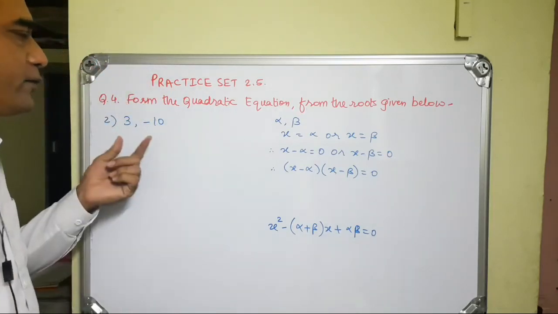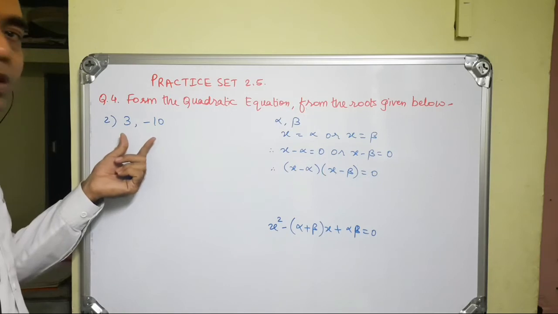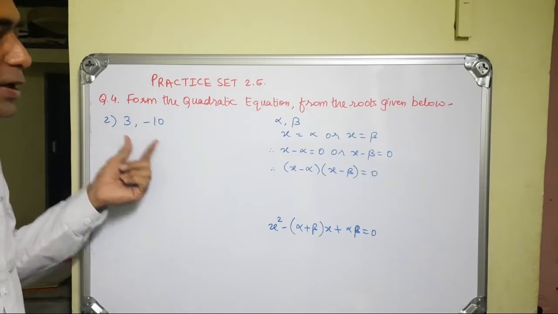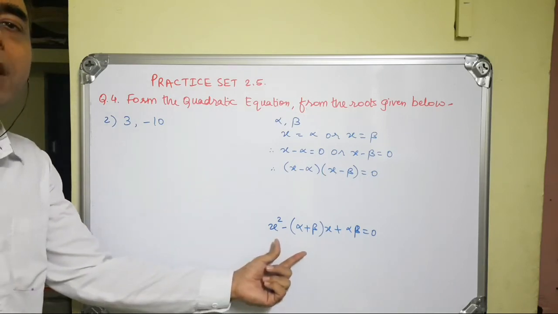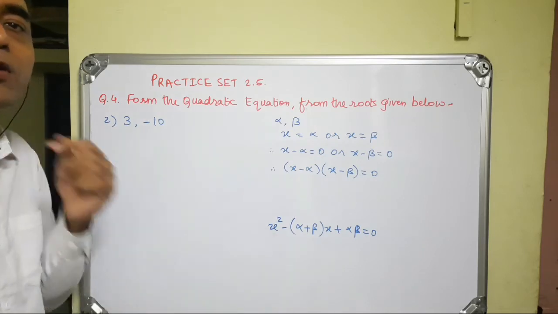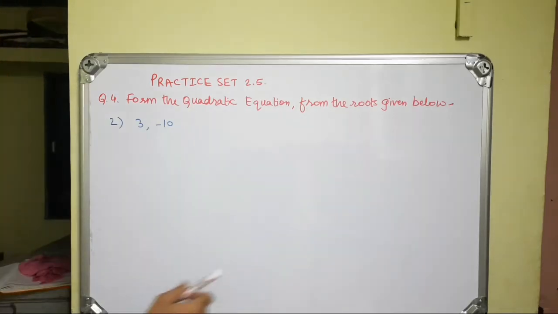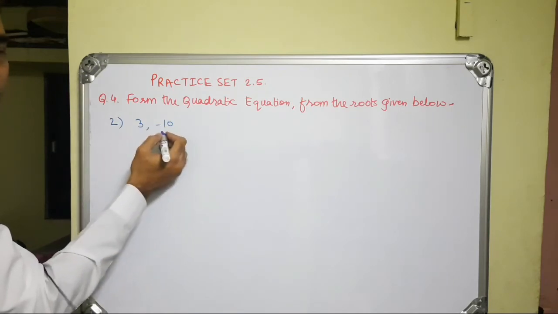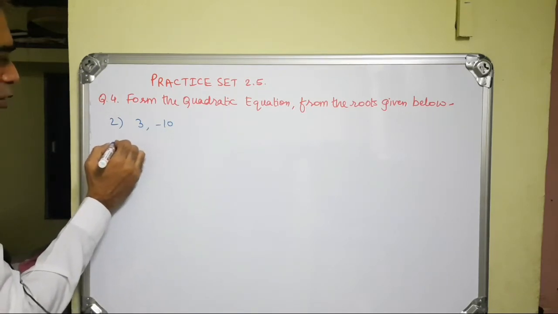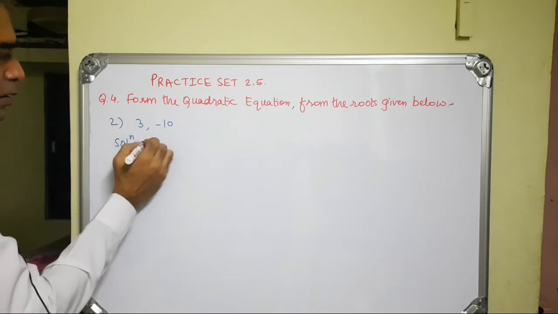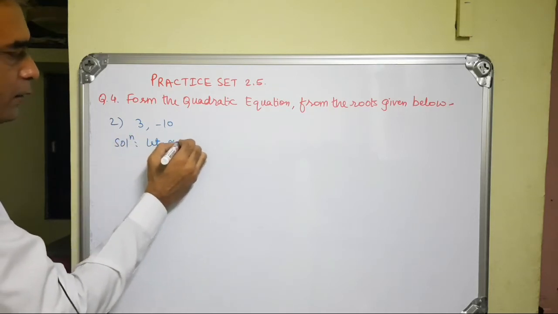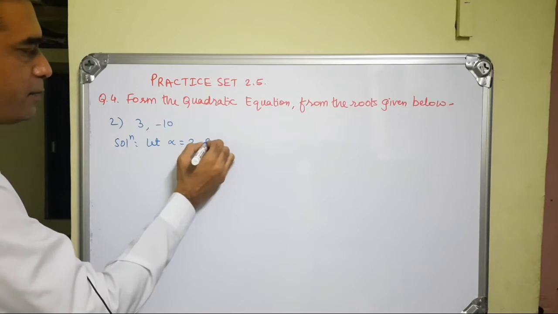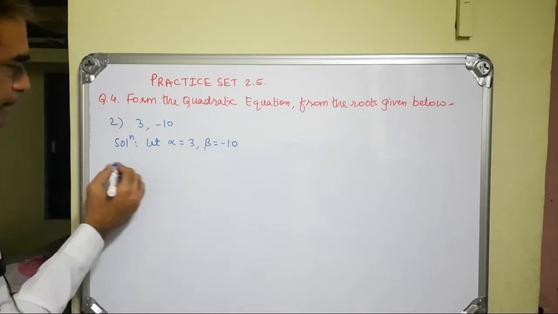So now we have to put these values in this rule and in this equation, and we will get the required quadratic equation. Let's form this equation with the given roots. Solution, let alpha equals 3 and beta equals -10.